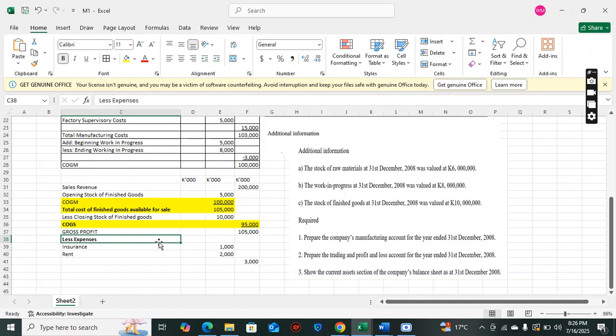This 105, 200,000 minus 95,000. You get this.